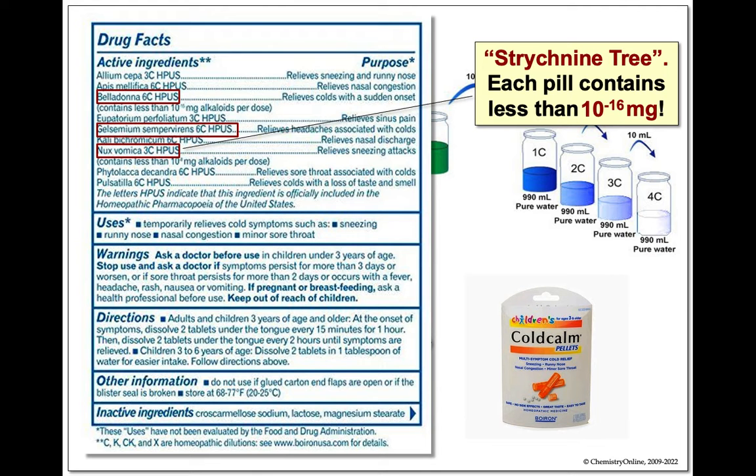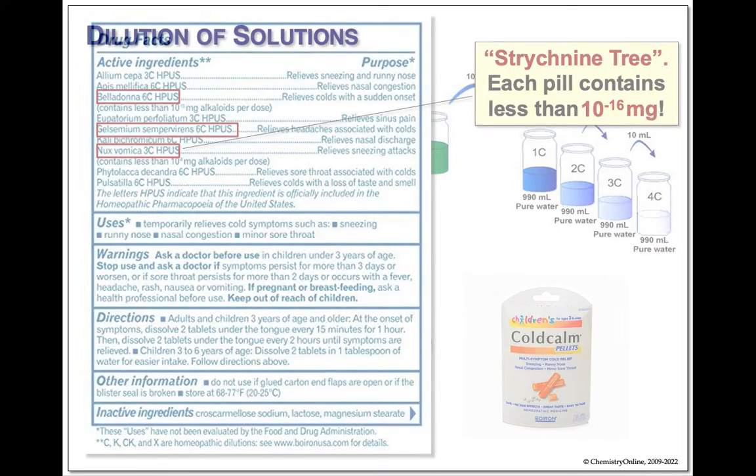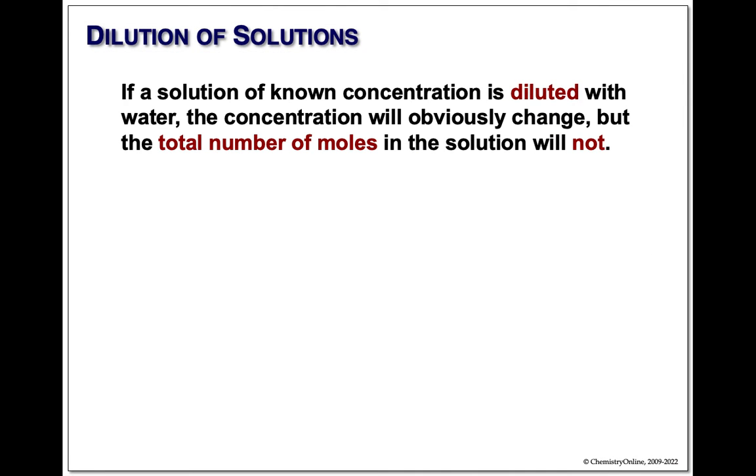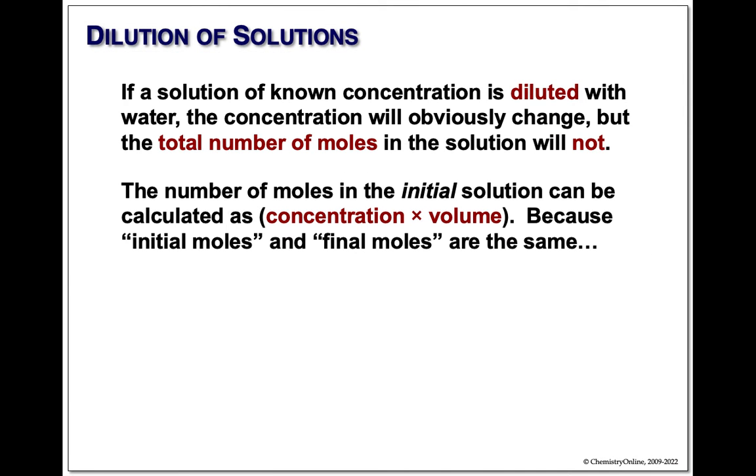All right. The other type of dilution: we have a solution of known concentration, we add water, and we get a new concentration. The thing to remember here is that we take this known concentration and dilute it, but the total number of moles doesn't change. You're just adding water. The volume changes, but not the number of moles. Now, how do we get numbers of moles? Concentration times volume.